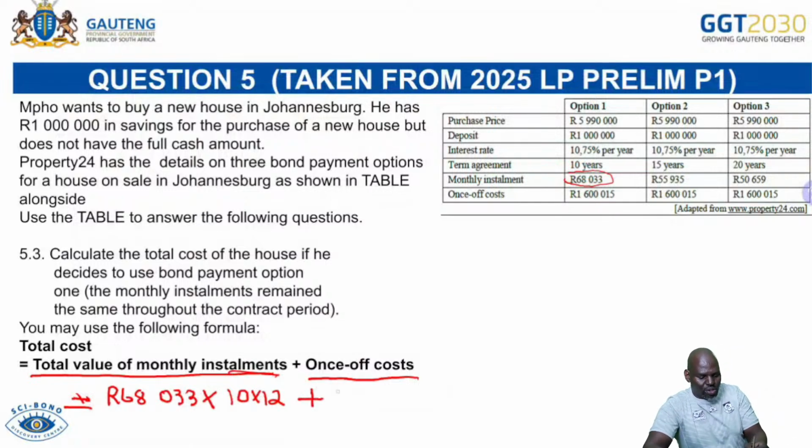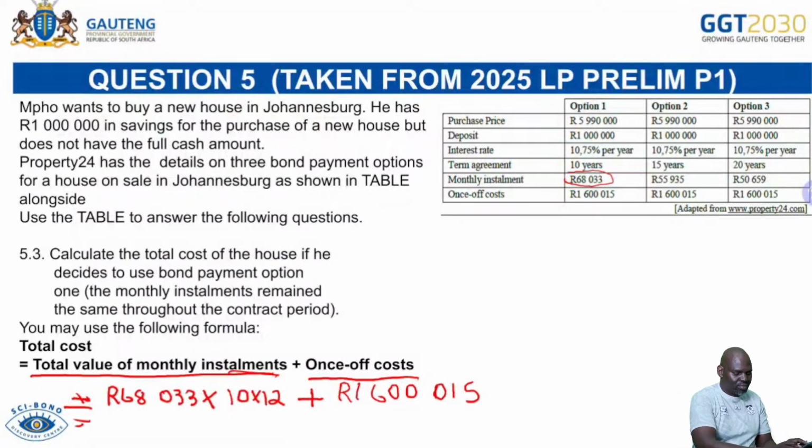The once-off cost is 1,600,015. Okay, then when I do the calculation, it's 68,033. I multiply by 120. Remember, you can still say times 10 times 12, or you can just say times 120.